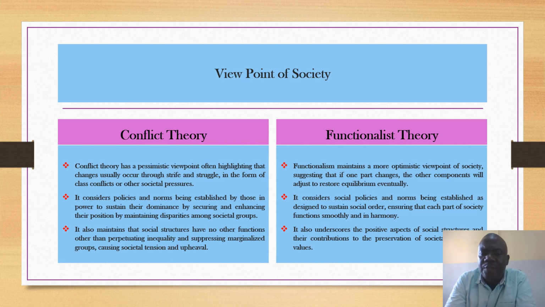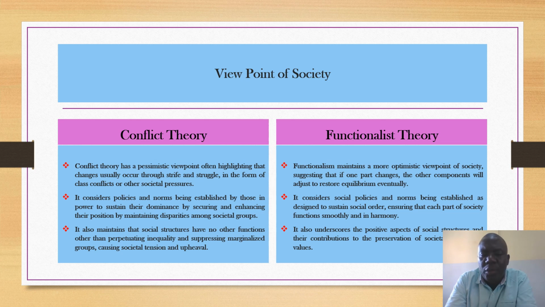Functionalism, on the other hand, is said to have an optimistic view of society because they suggest that changes in one part of society will necessitate changes in other parts of society, so that an equilibrium or a balance is always maintained, so that we do not have a society where there is imbalance, because that imbalance might not be fruitful or might not be a sign of progress.